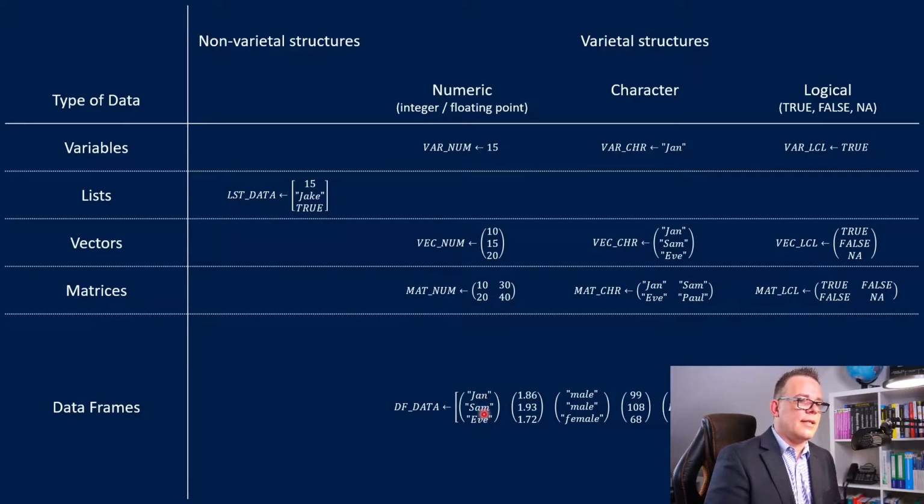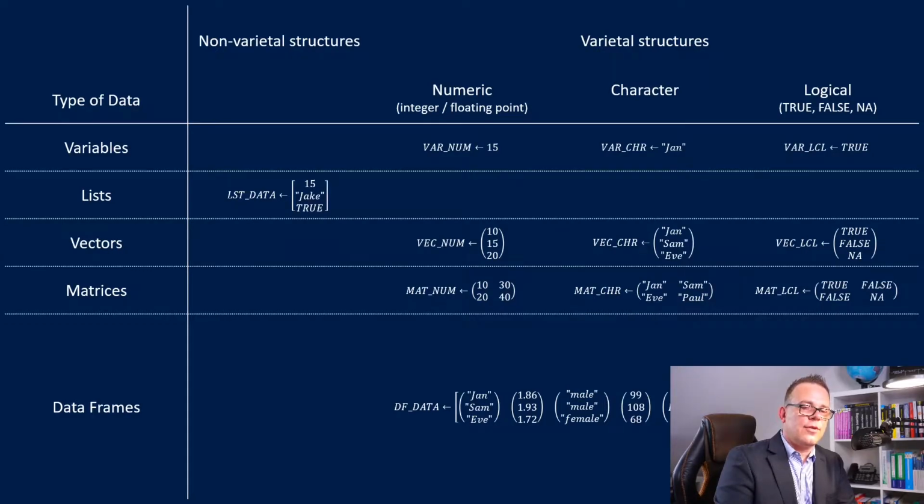So we see Jan, Sam, and Eve, that's one column. We see 186, 193, and 172, so the body height of those persons in meters. We see male, male, and female, the gender of those persons. We see 99, 108, 68, the weight of those persons, and if these persons are sick or not sick or whatsoever, as a logical here.